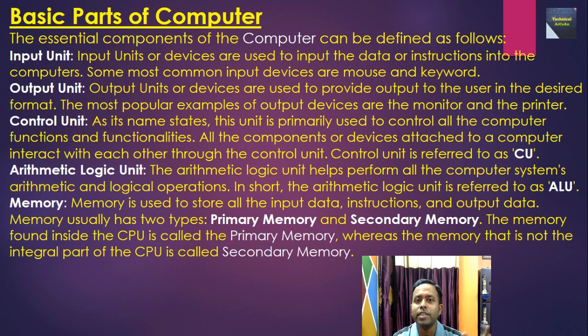So combined, these two parts, CU and ALU, are jointly known as CPU, the central processing unit, which is also known as the brain of your computer, right? And the fifth one is the memory unit, where we store the data either temporarily or permanently, because a computer has these two different types of memory. One is for temporary storage, the other for permanent storage, right?